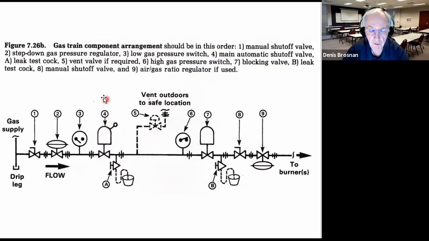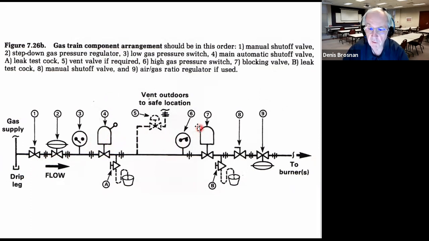That's not the only condition that will trip the solenoid valve. If the electricity in the plant goes out, then we're going to shut off the valve. And we have a high pressure gas switch here as well, which is linked to that blocking valve to shut things off. So the flow is from left to right. Once everything is okay, above the minimum pressure and below the maximum pressure, this blocking valve will allow gas to pass.